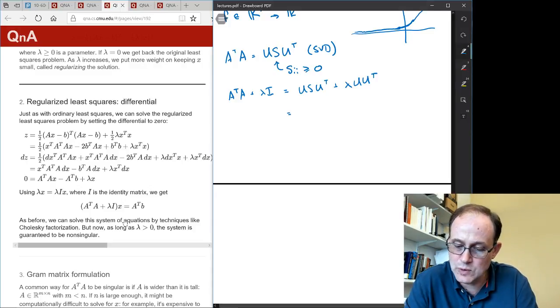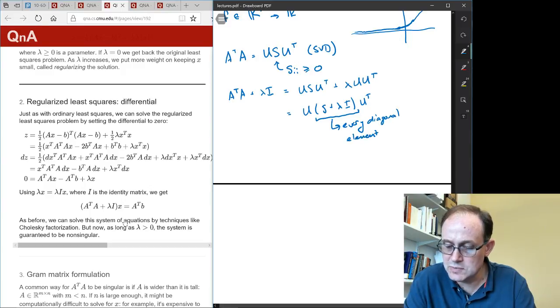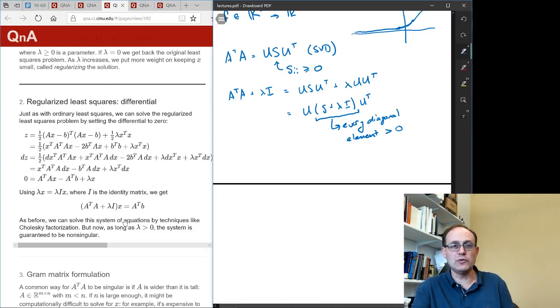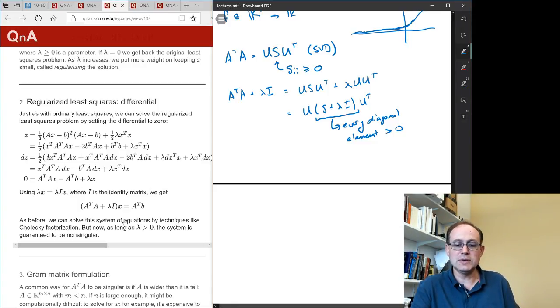And so this is equal to U times S plus lambda I times U transpose. And here, every diagonal element is going to be strictly greater than 0, because it was greater than or equal to 0 before, and adding lambda I just adds lambda to every diagonal element.